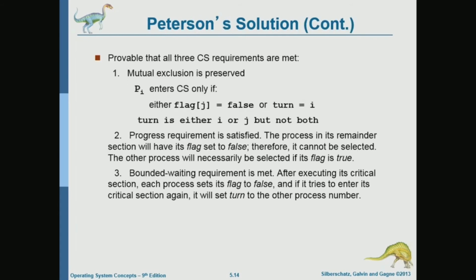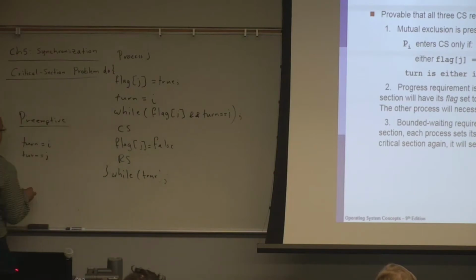And progress is also obvious because when two processes are interested in the critical section, the process whose turn it is to enter the critical section is going to be the process that will get into the critical section.